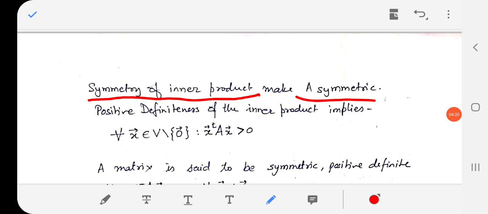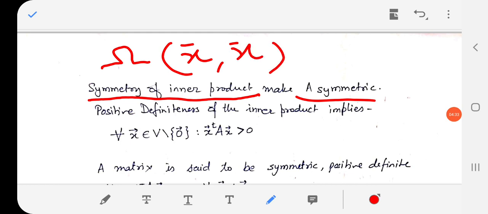Positive definiteness, so let's talk about positive definiteness. Positive definiteness says, if you take omega(x, x), this is equal to x transpose A x.